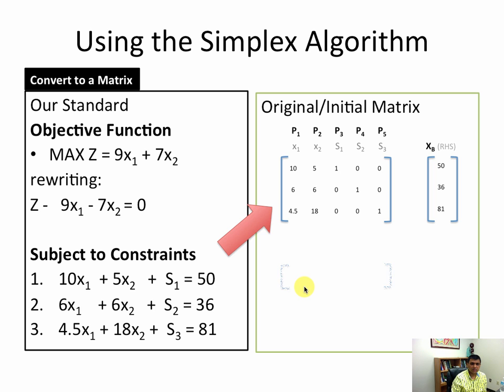And finally we define the objective row matrix Z as -9, -7, 0, 0, 0, because the coefficient of x1 in our objective function is -9, the coefficient of x2 is -7, and the coefficients of s1, s2, and s3 are 0.